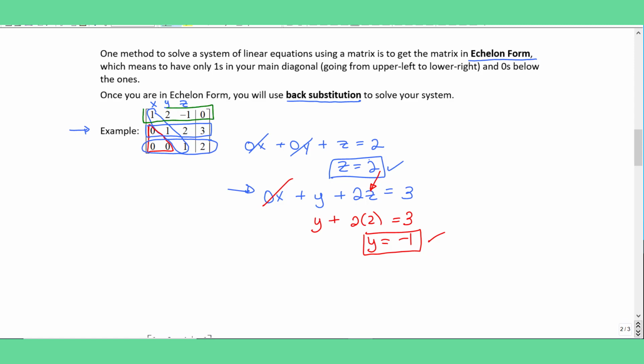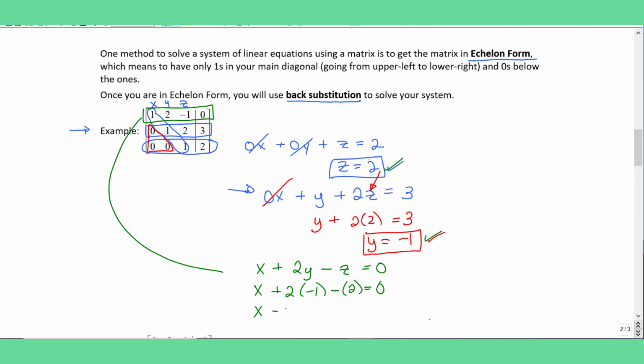So we go to the very top, and that equation becomes x plus 2y minus z is equal to 0. So I don't know what x is, but I know what y is, -1. Z is 2. So I fill all of those in, and this is going to allow me to solve for x.